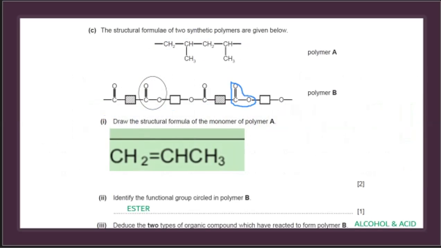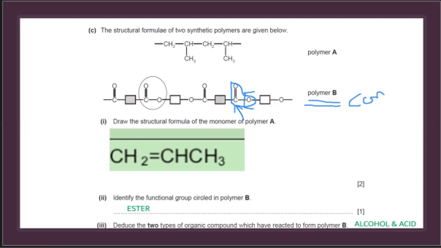Hydrogen would have been lost from this structure here, and an OH would have been lost from the next structure there. So H2O would have been lost from the structure in total. So this polymer B most likely is a condensation polymer, while structure A is an addition polymer.